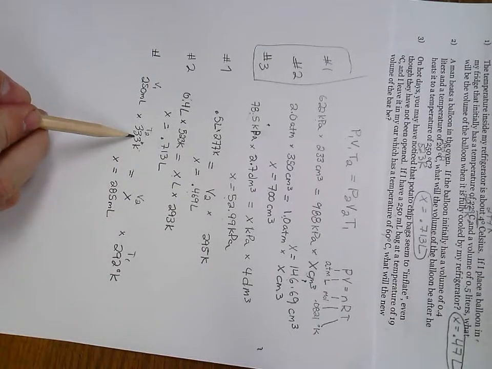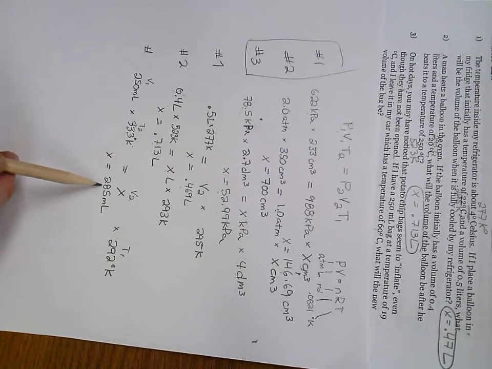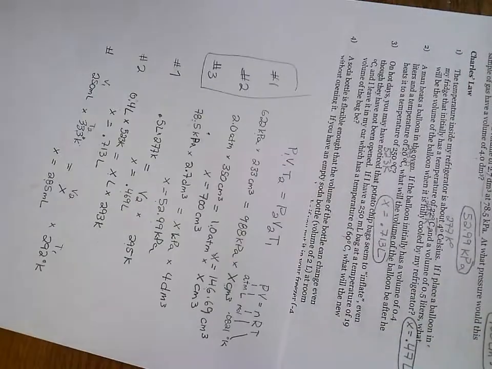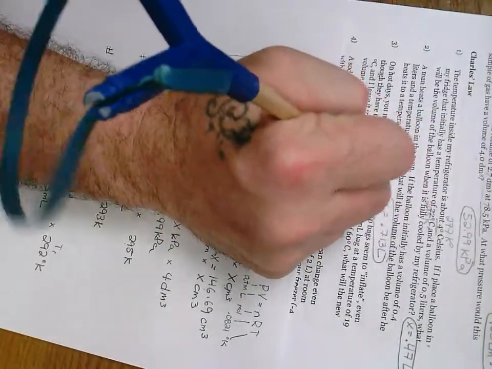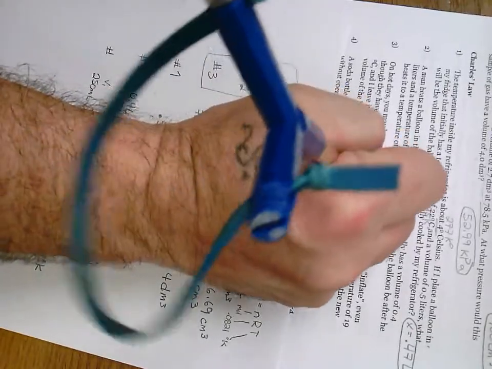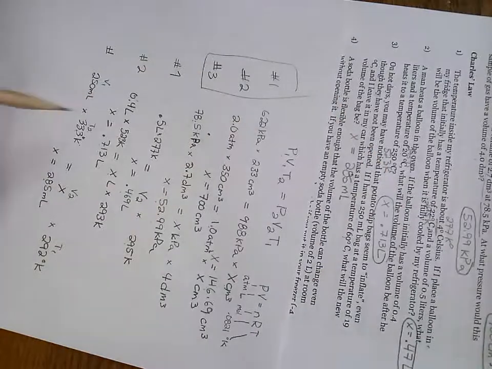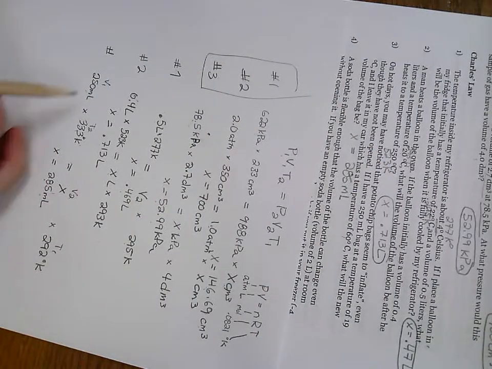If the temperature goes up, the volume has to grow. Remember, direct relationship. X equals 285 milliliters for number 3. And remember, if I use milliliters on this side, then my answer is in milliliters. Whatever volume I use, it's the same over here.